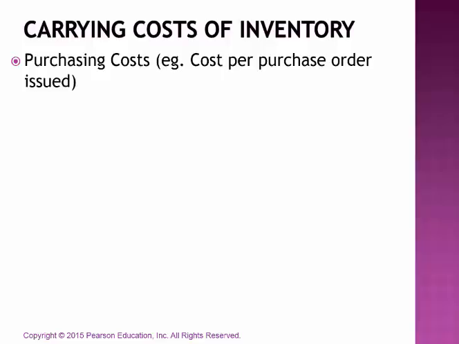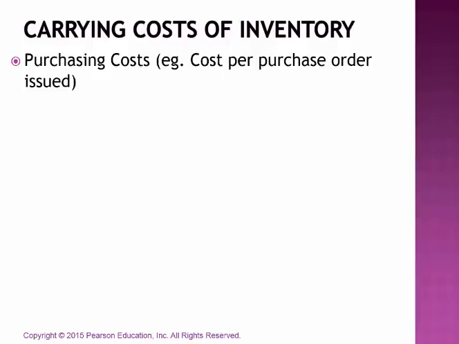We don't want it too cold, we don't want it too hot, we want it somewhere in the middle, just right. Okay, so we have to be very careful with managing our inventory. So not only do we need to evaluate the cost of the actual purchases of the inventory, but the costs that are related to the inventory.